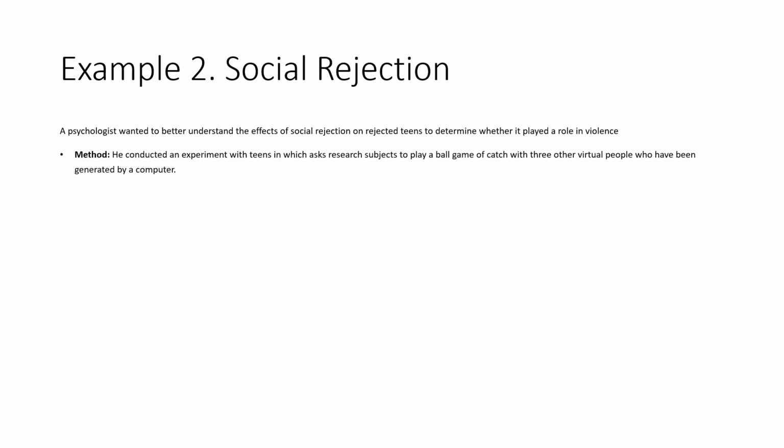Social rejection. A psychologist wanted to better understand the effects of social rejection on rejected teens to determine whether social rejection tends to play a role in acts of violence. And so to do this, he used an experimental method.